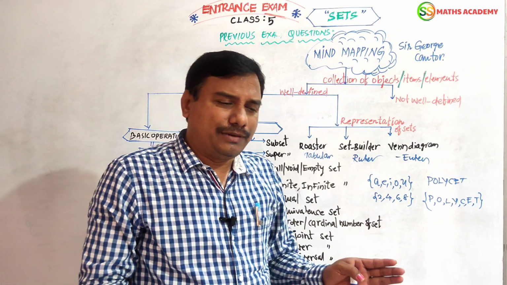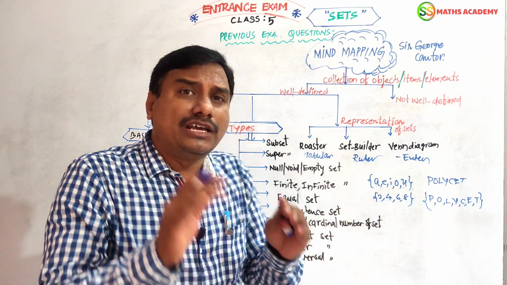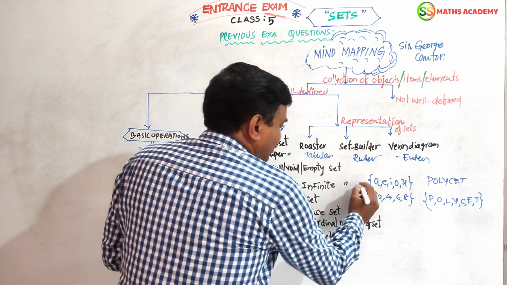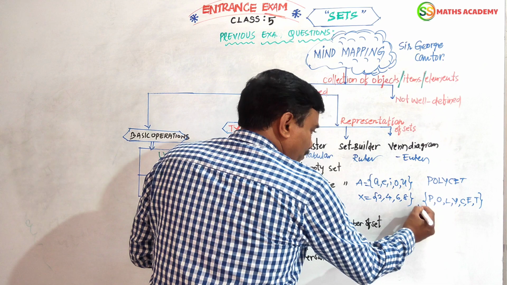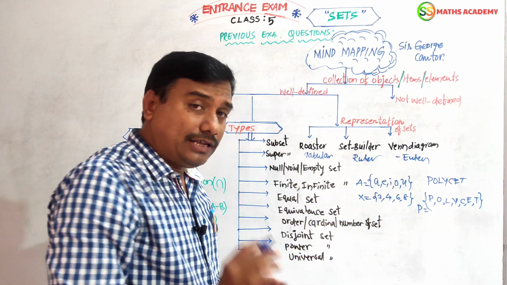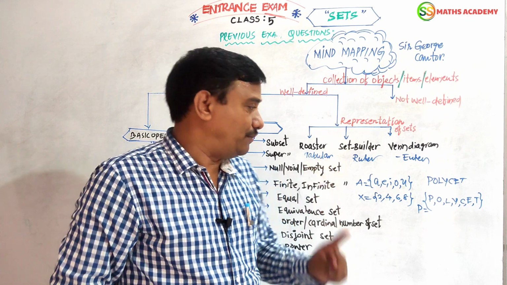The elements are separated by commas and enclosed by flower brackets, then it is called a set. We can represent a set with capital letters, your choice: capital A, capital X, capital P. These are examples of tabular form as well as roster form.